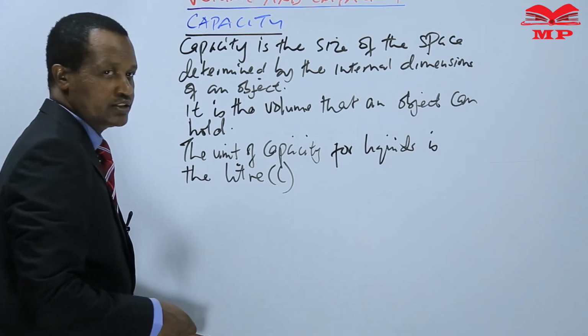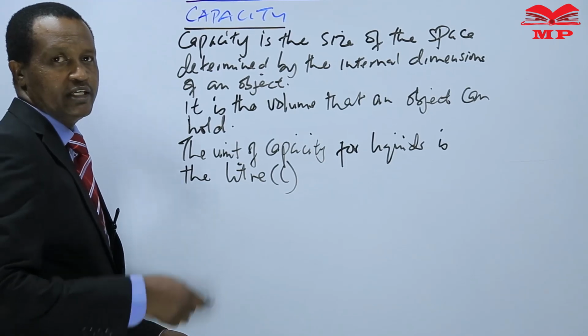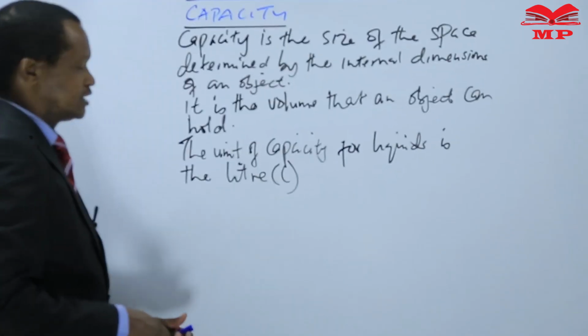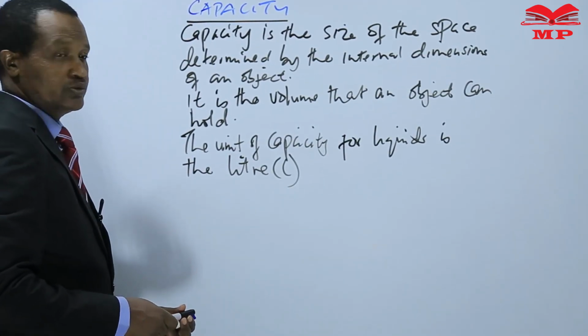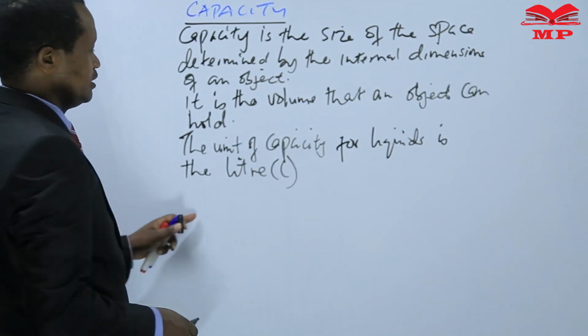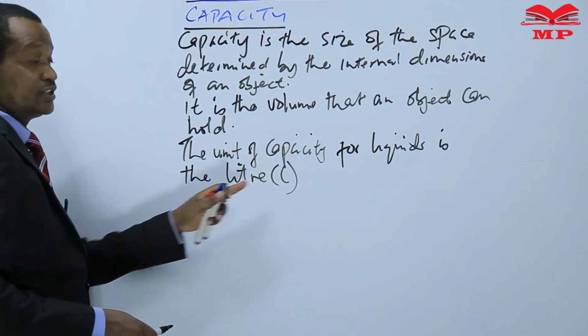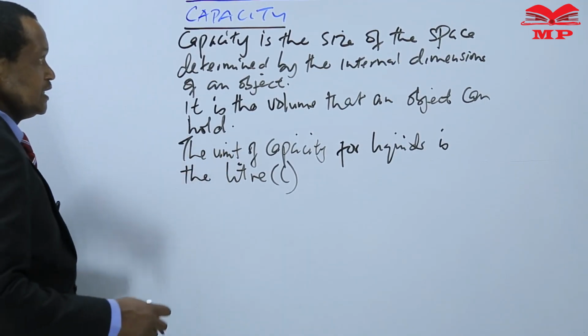There are other units like the hectoliters, the decaliters, the milliliters, and so on. There are many other units, but the main unit we use for measuring capacity for liquids is the liter.